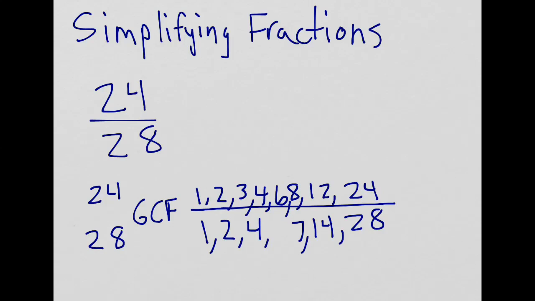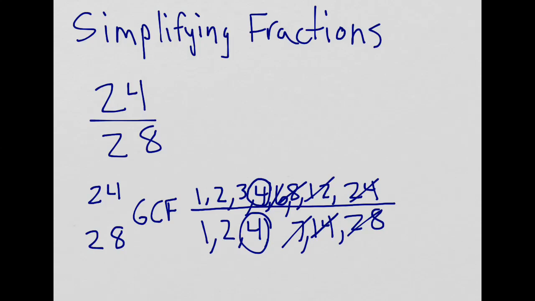So if I look, I can now take 24 and 28. They don't match up with any ones on the top and the bottom. 12 doesn't match up with anything on the bottom. 14 doesn't match up with anything on the top. 8 doesn't match up. 7 doesn't match up. 6 doesn't match up. Ooh, but I do see 4 and 4.